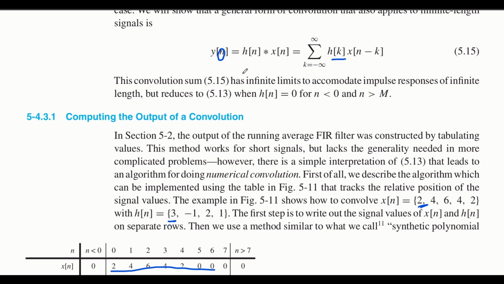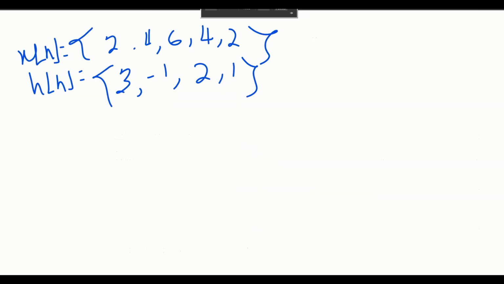So let's quickly get to the board and do that one rather and see how fast we get. Our x of n was 2, 4, 6, 4, 2. Our h of n was 3, minus 1, 2, 1. That's from the previous question. Now what we can do is find the z transform, and I hope now you can do that.